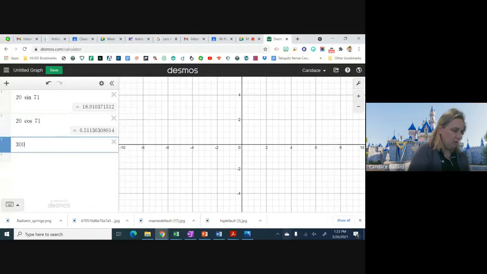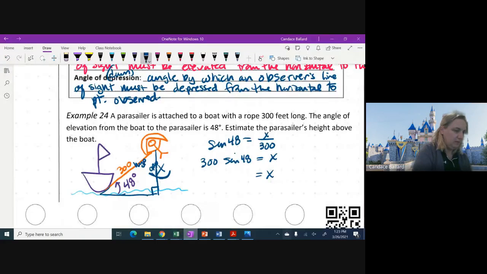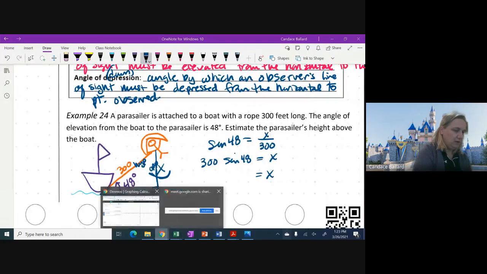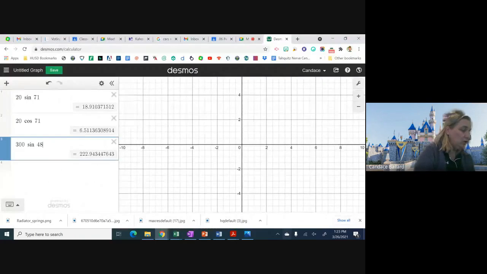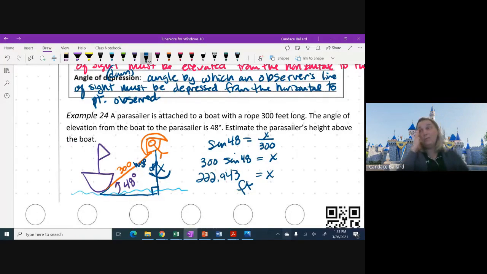Okay, so 300 times the sine, it was 48, right? Sine of 48, perfect. Okay, so we get that it is 222.943, and we would want to label it at least in feet because it is a word problem and we typically label our measurements in word problems.